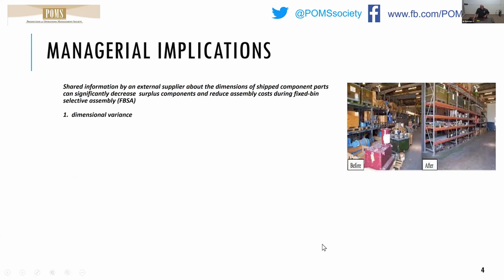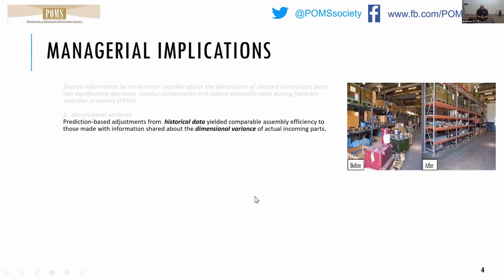And we chose to look at the dimensional variance first to see if we could estimate it in an accurate way. Our prediction-based adjustments from the historical data yielded comparable assembly efficiency to those made with information shared about the dimensional variances of actual shipped parts.